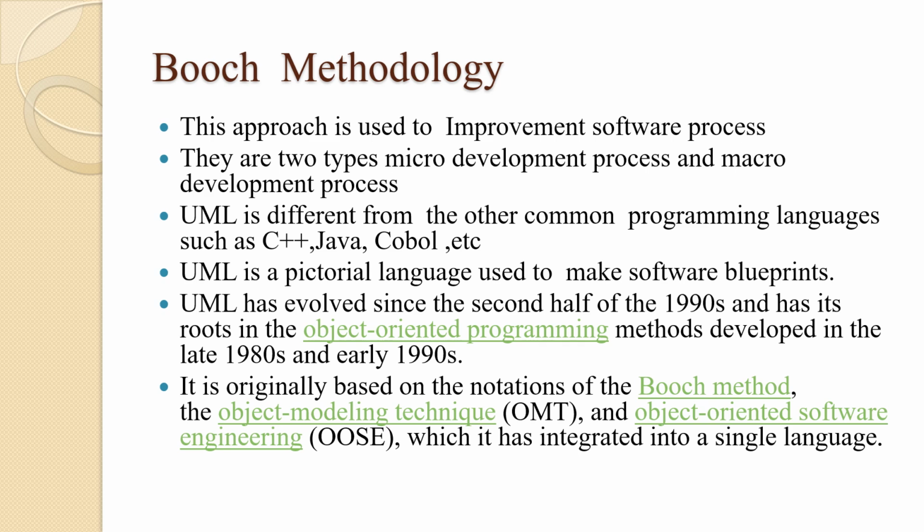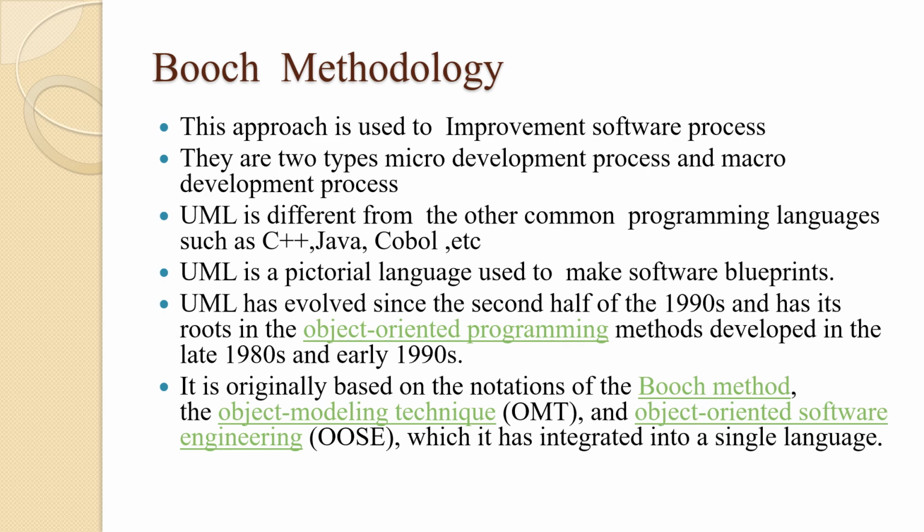There are two types of software process: the micro development process and the macro development process. Macro development means identifying the classes, identifying the semantics of the classes, identifying the relationships of the classes and objects, and the interface implementations. These are the methods used in the macro development process.